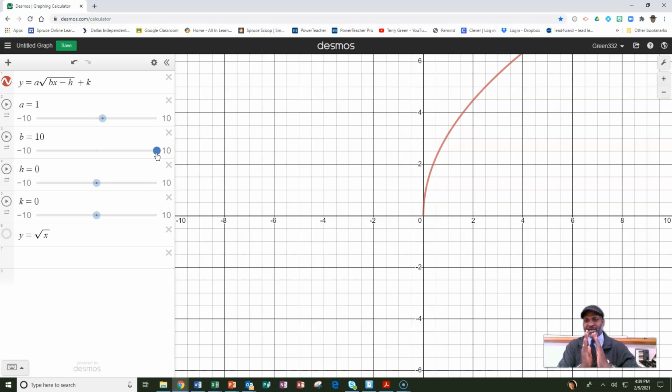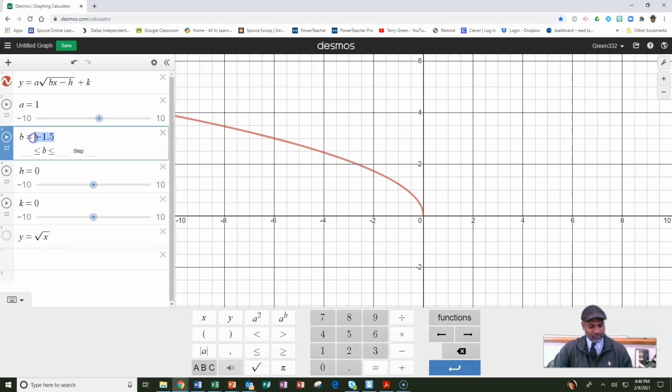It looks like a vertical stretch, but it's actually a horizontal compression. And when B goes negative, and this is what you really need to pay attention to, instead of the graph flipping across the x-axis, it flips across the y-axis because everything is horizontal. So that's what B is.